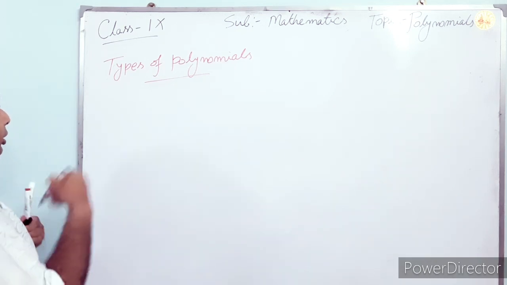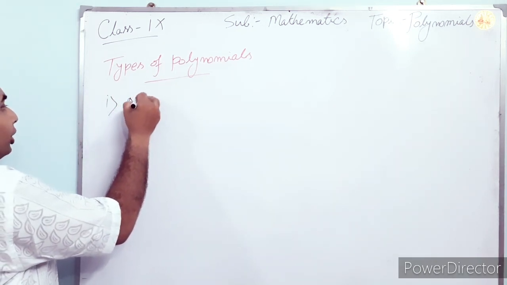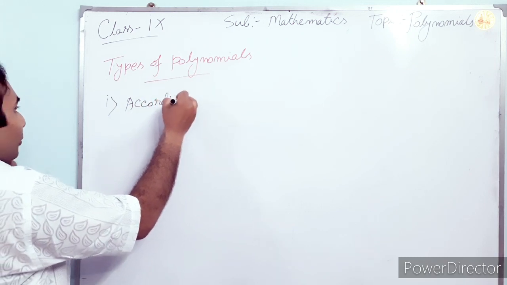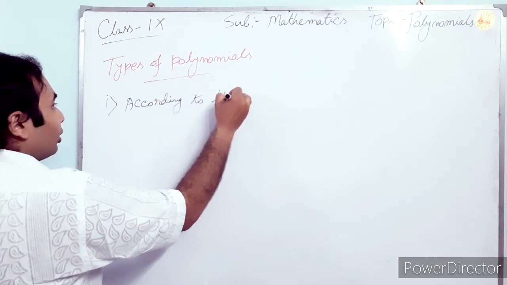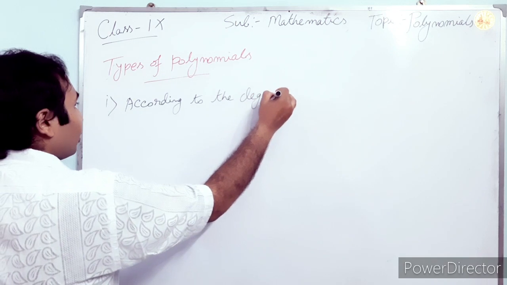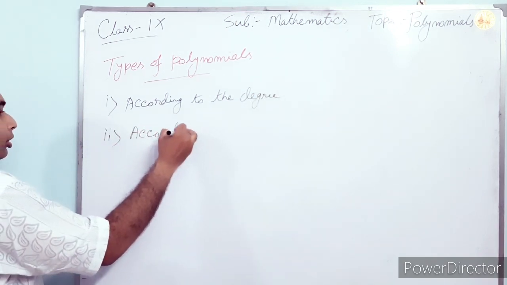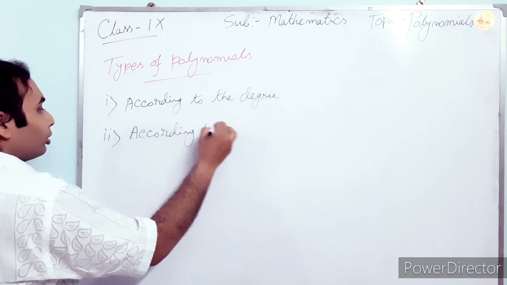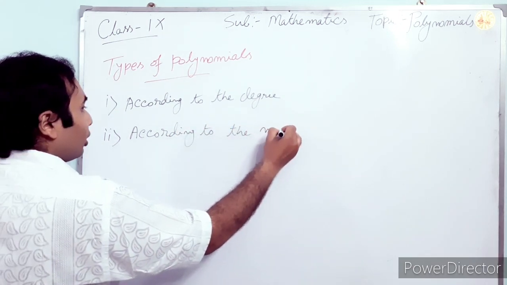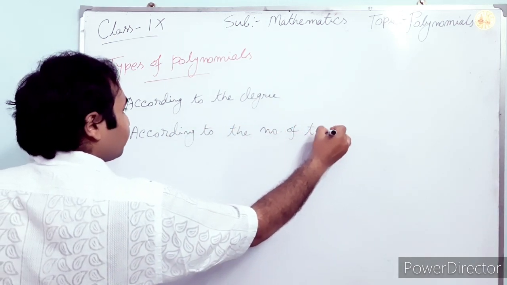Here I am writing number 1 according to the degree, and number 2 according to the number of terms.